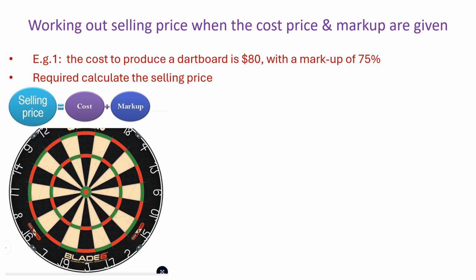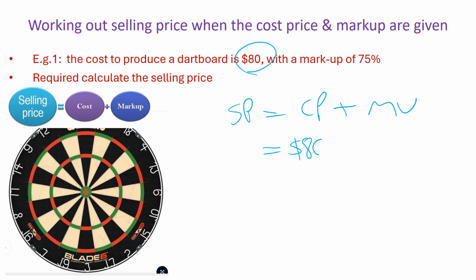Let's go again. Start with the formula. SP equals cost price plus markup. Cost price right here given to us, $80. Markup as a percentage is 75. Again, a percentage is a fraction of 100.